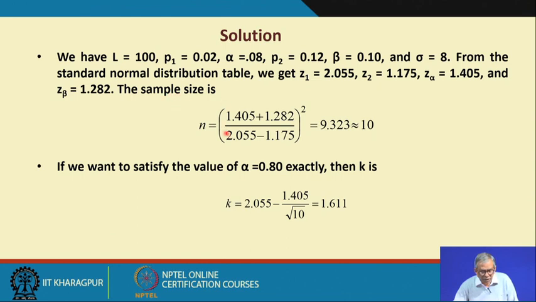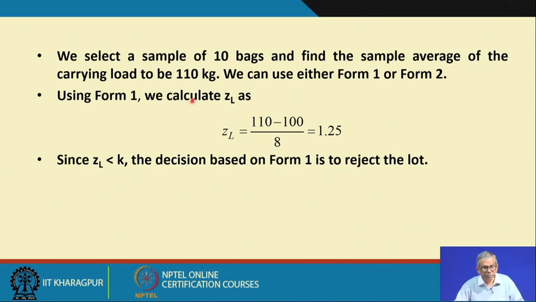The sample size, you use that formula and you get a value of n, that is 9.323, and you just make it the next higher integer, that is 10. And if you want to satisfy the value of alpha equal to 0.08, there are two formulas for k. If you use the first formula, that means if you want to meet the condition of alpha exactly, then the value of k is 1.611.